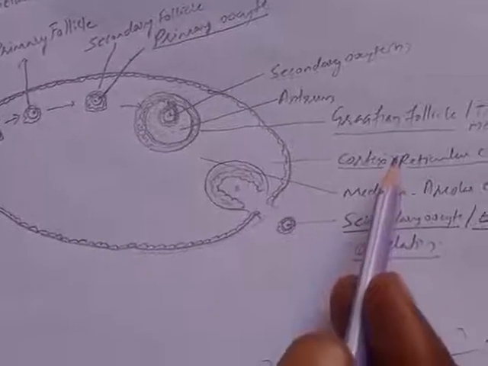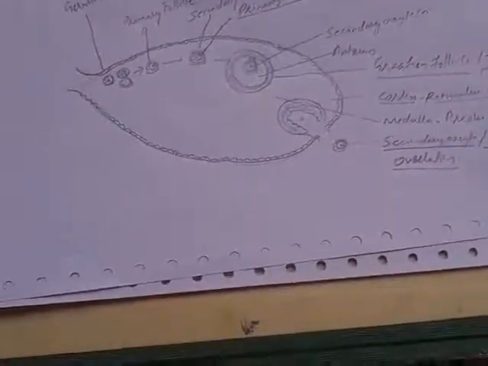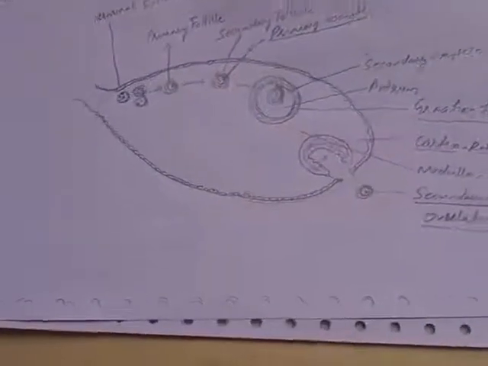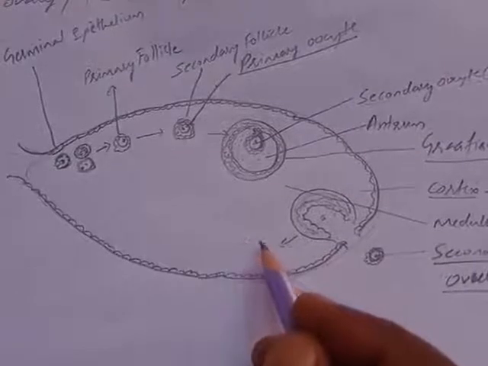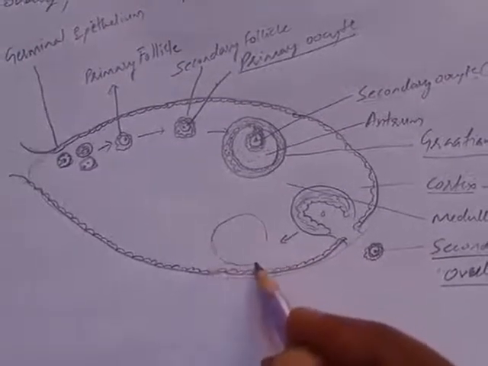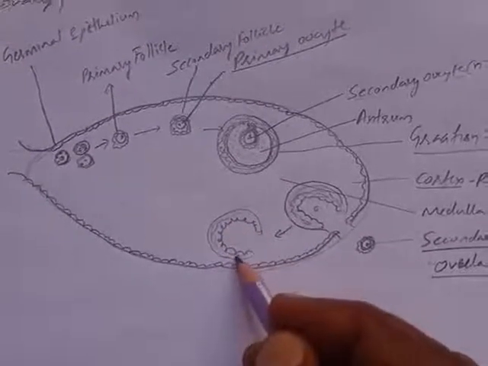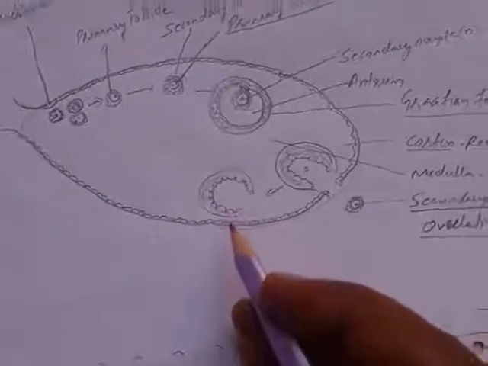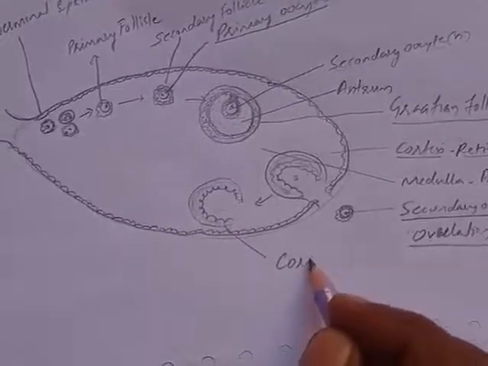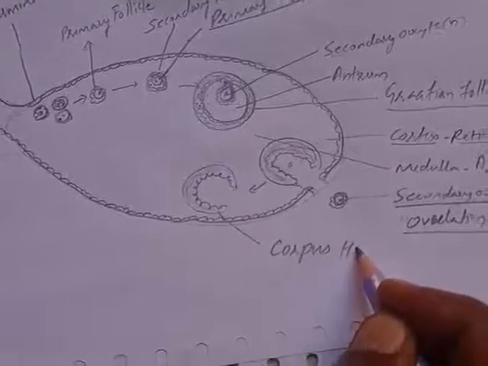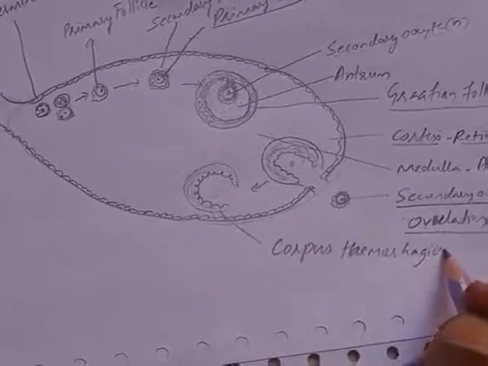And next, the Graafian follicle's remaining parts, the membrana granulosa and all these layers, are converted into a structure called corpus hemorrhagica.